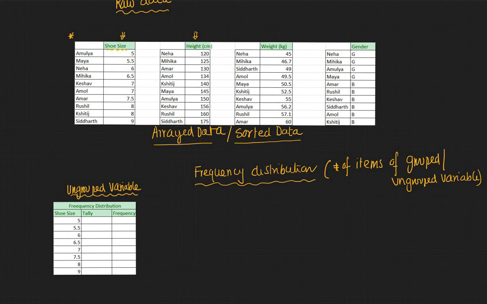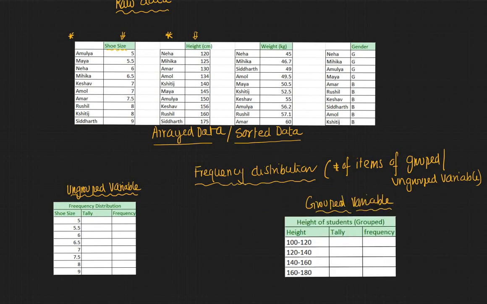So maybe a grouped variable for, let's say height, would look like this. Here you can see that we have grouped the height from 100 to 120 and 120 to 140, 140 to 160, 160 to 180, etc. Right? So here we have grouped them like this.